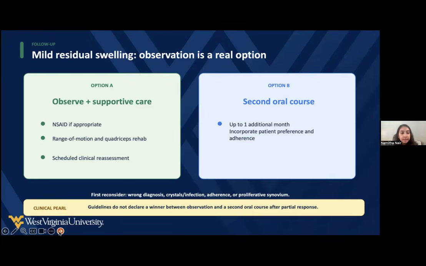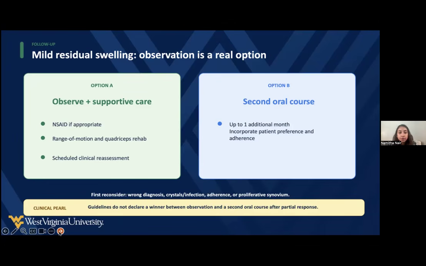So you can continue with an NSAID, give them some rehab, and then follow up there. So just observation and supportive care. In some situations, you can go for a second oral course, up to 1 additional month, and you can have a discussion with the patient as well to decide whether they would prefer to do an oral course or just do observation and supportive care.